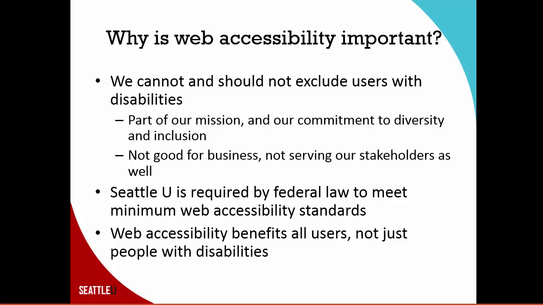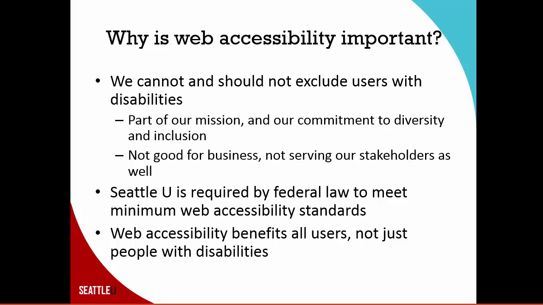People with disabilities are a significant portion of the population, and if we are excluding people with disabilities from accessing all of the information and the full experience of our website, and our website is our #1 tool for marketing and communications at the university, then we're not serving all of our stakeholders, current and prospective students, parents, families, current and prospective faculty and staff, alumni, community members, donors, etc., as well as we can, and we could be losing out on prospective students.